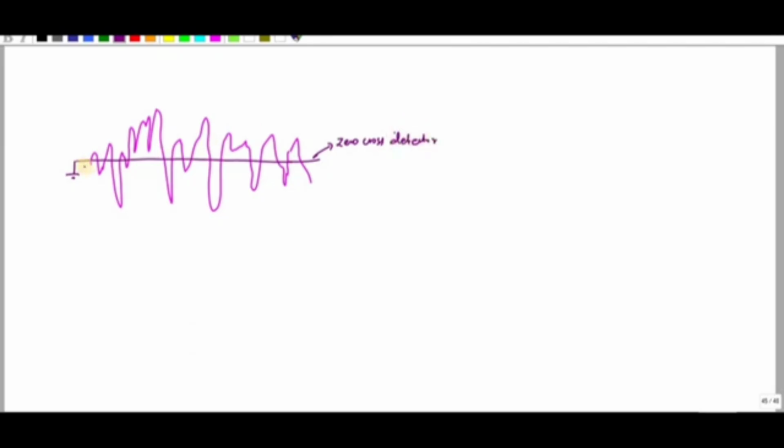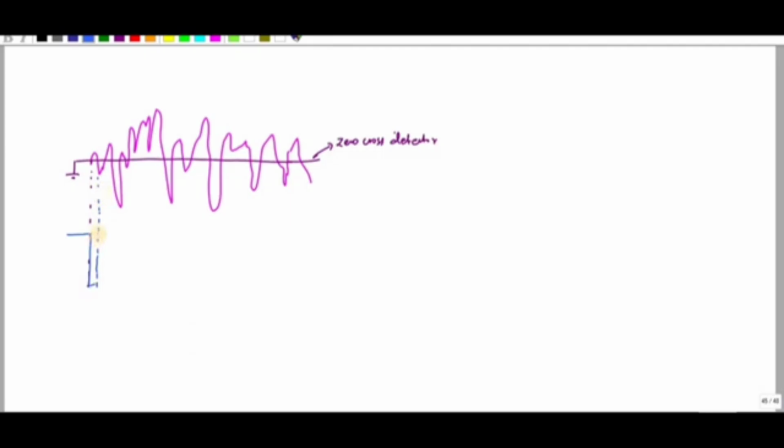Whenever the input waveform is more than the zero value, you will get zero output. At this point you will have a zero value, because here the pink value is greater than this zero value. So you will get 0 till this point.